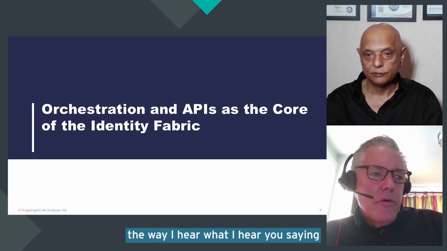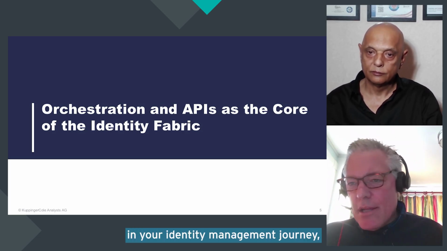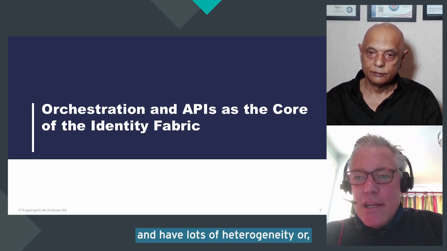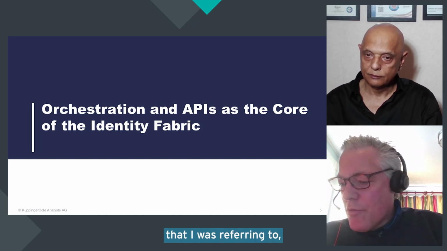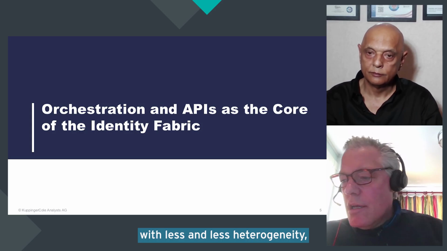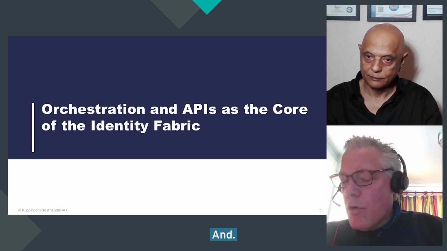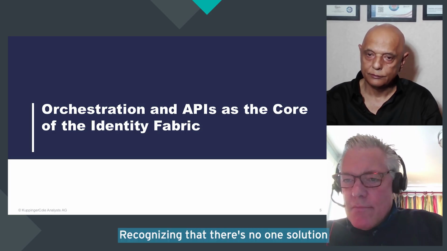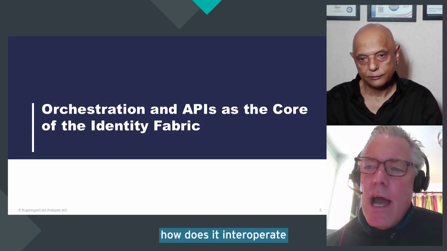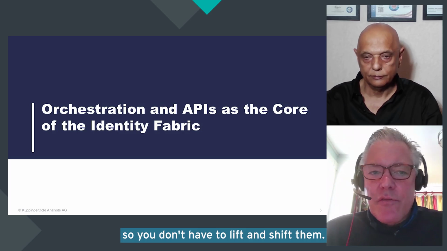Yeah. Basically, what I hear you saying is that, depending on where you are in your identity management journey, whether you're a long-standing one and have lots of heterogeneity, or have that Frankenstein that I was referring to, or whether you're newer, fresher with less heterogeneity, you can get a solution that takes a bigger bite out of the identity fabric, recognizing that there's no one solution that covers everything. So you still need to get down to how it interoperates with the other components that you already have, so you don't have to lift and shift them.